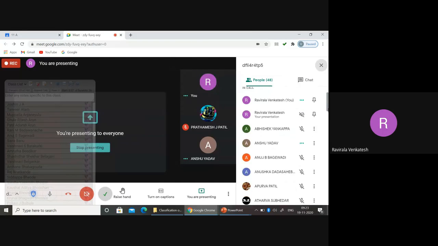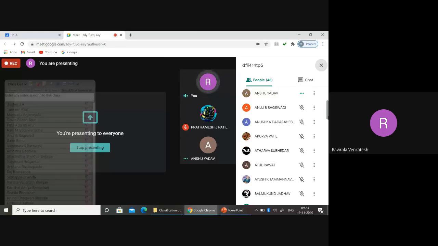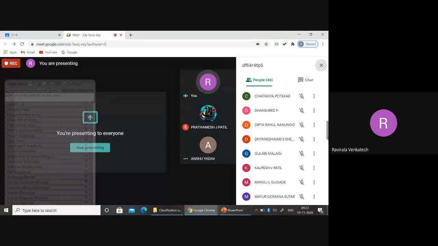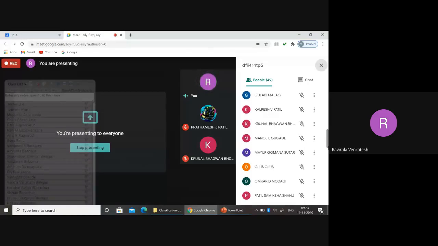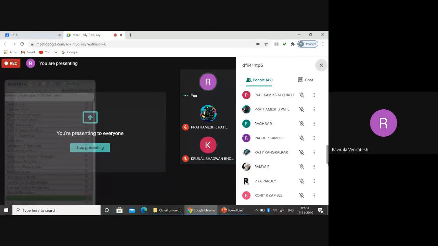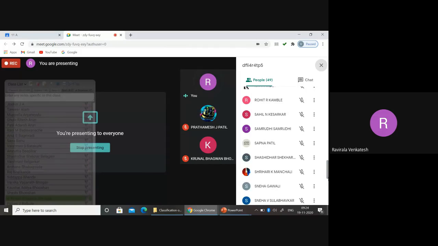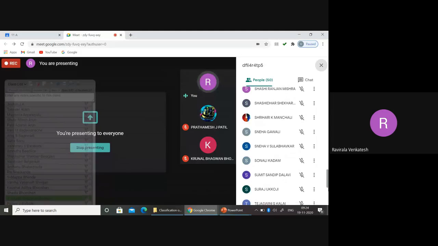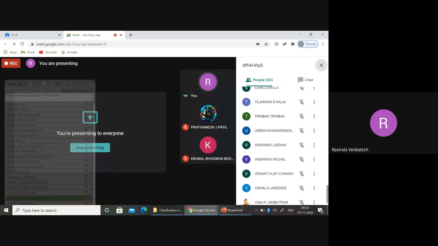Who are they? Let me see. Abhishek, Anshu Yadav, Anuj, Anushka, Apurva, Atul, Ayush, Balmukund, Bharati, Chaitanya, Dhanishri, Deepta, Gulabi, Kalpesh, Manoj, Mayur, Ojas, Omkar, Patil, Samiksha, Raghav, Rahul, Raj, Ramya, Riya, Rohit, Sahil, Samruddhi, Sapna, Srihari, Sneha, Sonali, Sumit, Suraj, Tejaswini, Triyambak, Umesh, Vaishnavi Jadhav, Vaishnavi Nichal, Vedant, Vishal, and Yash.